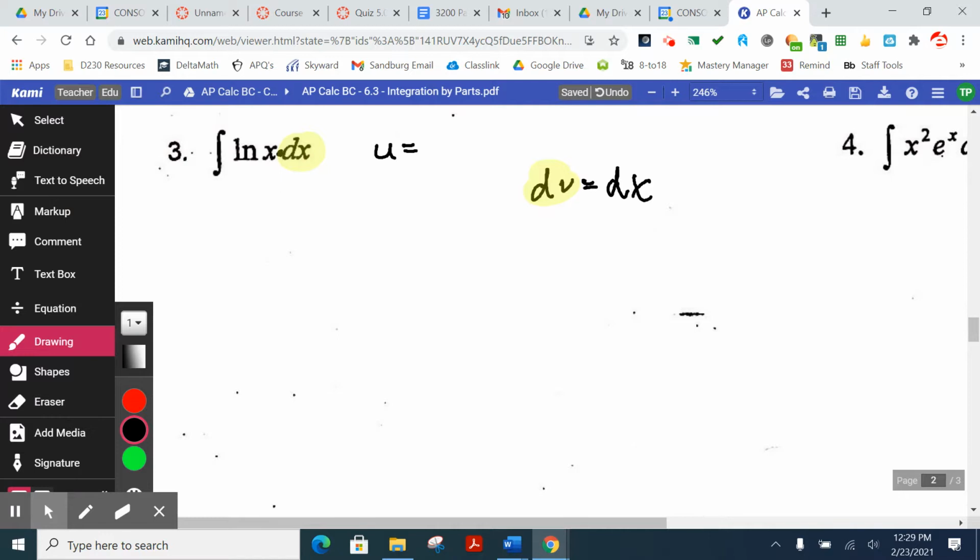Well, that would then only leave one option for your u. Your u would have to be the natural log of x. Then hopefully we're understanding. We want the derivative of the u, so that's 1 over x dx. We want the antiderivative of the dv, so that's v, and then the antiderivative of a 1 dx would just be x.